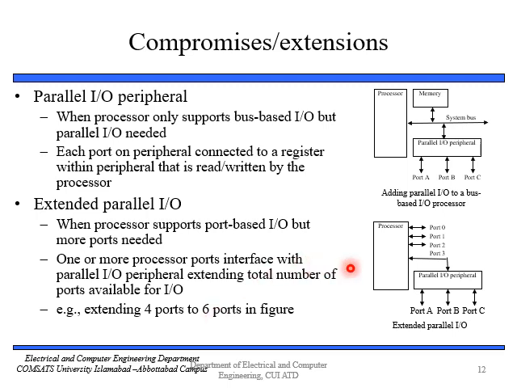Now here the processor is supporting port based I/O, but more ports are needed. In the previous case it was supporting bus based, and we were needing ports. So these are the compromises and extensions of input output addressing. Let's move on to next slide.